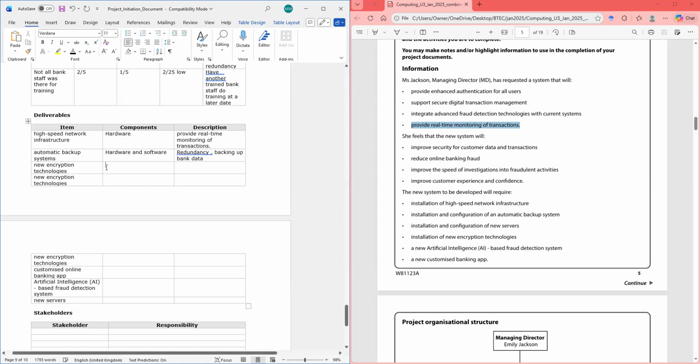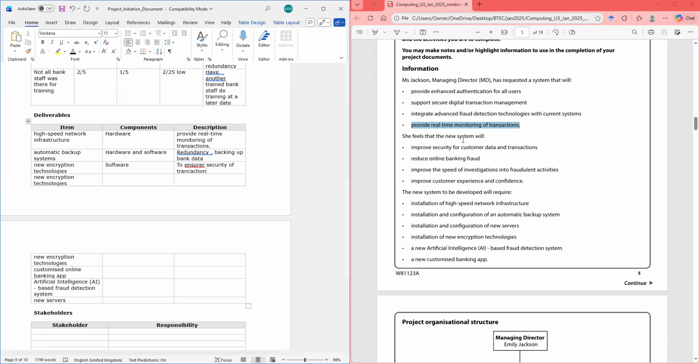All right. New encryption technology, this will be software. This will be for software. All right. To ensure security of transaction. Where am I getting this from?